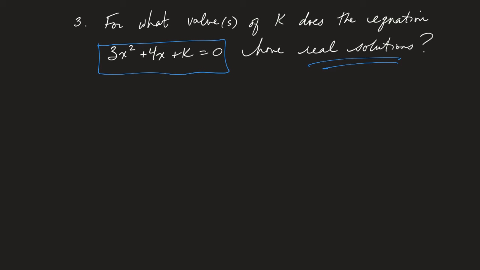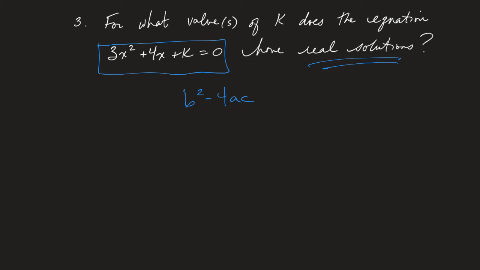Well, if I use the fact that this is asking about the type of solutions I get or the number of solutions I get, that leads me to my discriminant, that I actually want to calculate the value of my discriminant. More importantly, I know that if it has real solutions, then that restricts the value of my discriminant.